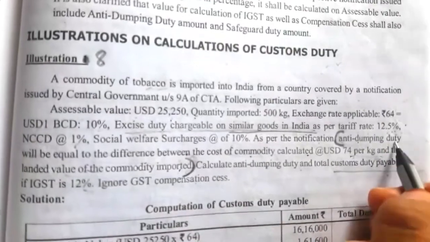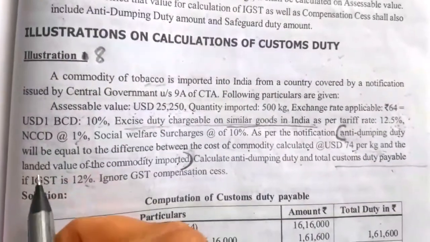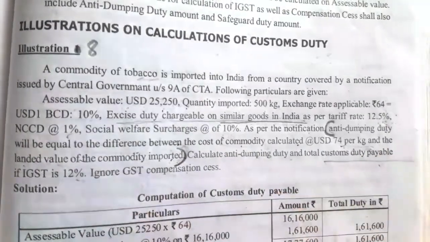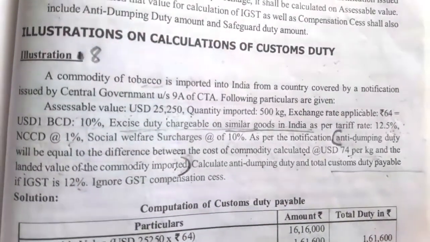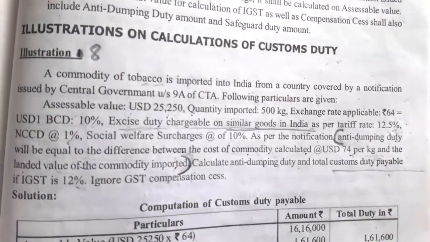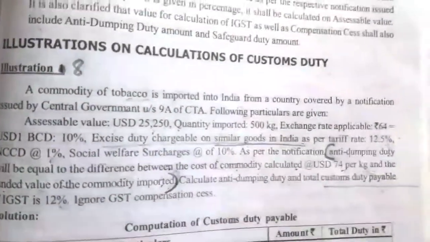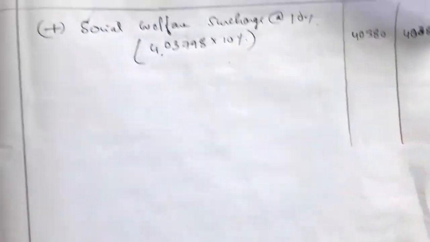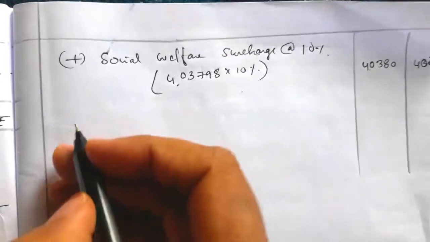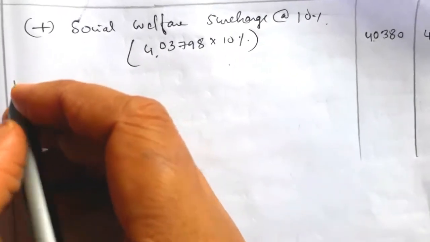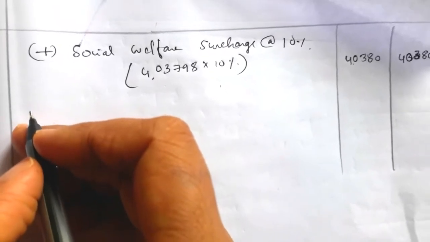For this calculation, we need to calculate the landed value first. So we will calculate the anti-dumping duty later. First we have to calculate the landed value of imported commodity.